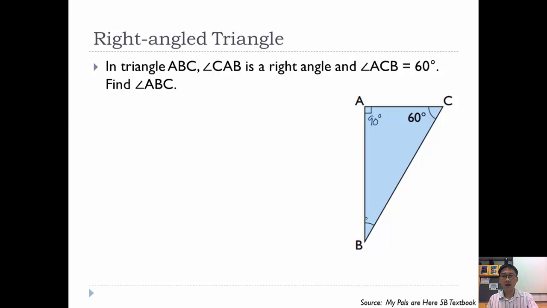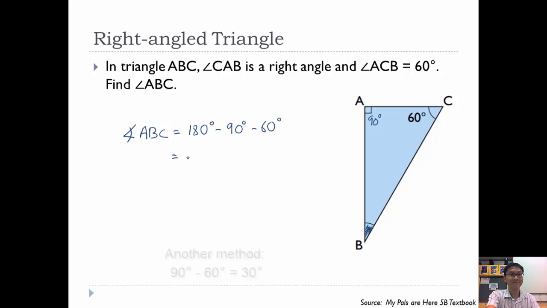I want to find angle ABC, which is this angle here. So how do I do it? Let's recall, the sum of all the angles in a triangle is 180 degrees, and this is 90 degrees, so all I need to do is find angle ABC. That will be 180 degrees minus 90 degrees minus 60 degrees, and if you work out your sums, the answer will be 30 degrees.